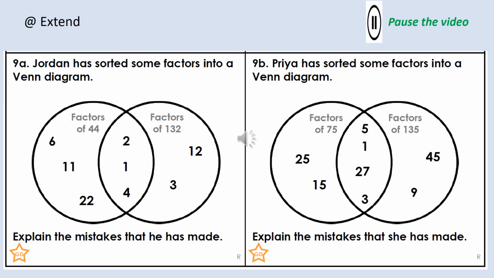And the final task, which is my favourite because I love a Venn diagram. Please make sure you write an explanation explaining your reasoning for this. Once you have finished, you can mark using the answers on the next slide. If you have any questions, let me know. Pause the video.